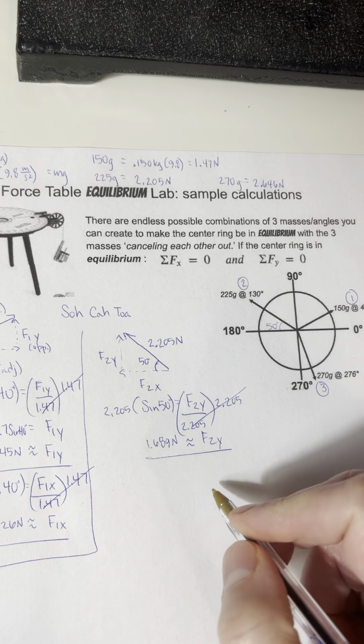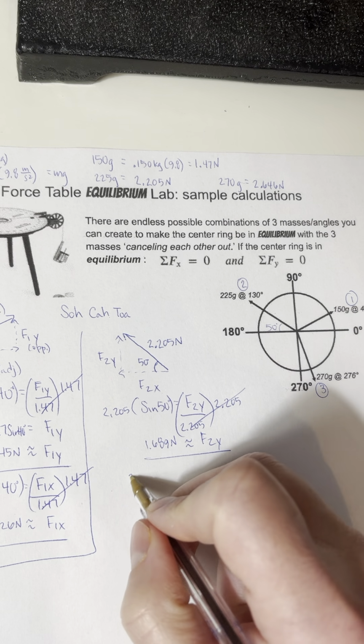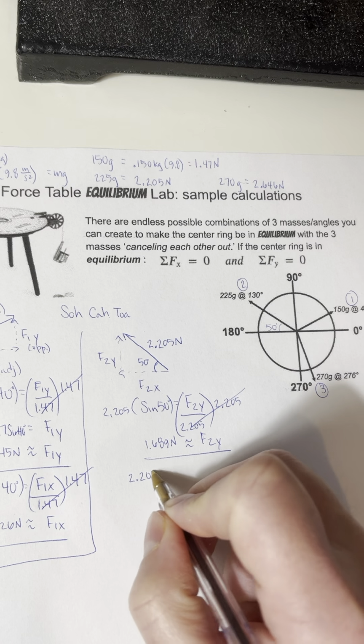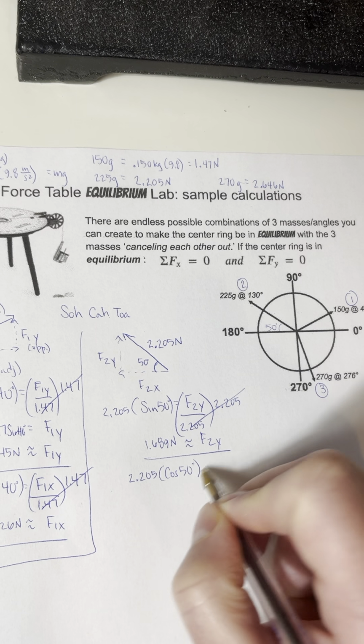Now we get the x component, and the x component will end up being 2.205 times cosine of 50 degrees.